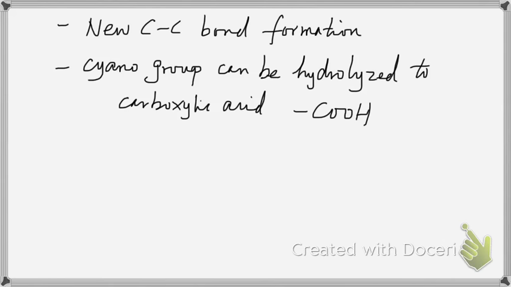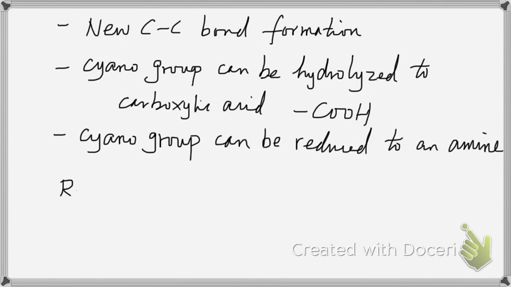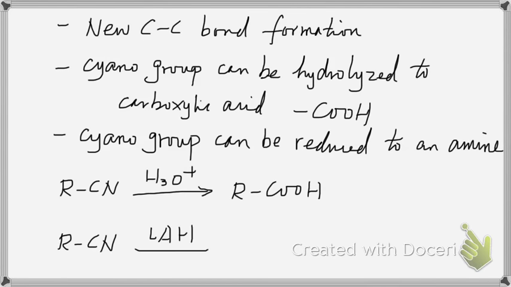For example, the cyano group can be hydrolyzed to carboxylic acid, and the cyano group can be reduced to an amine. So here is what I just mentioned. Acidic hydrolysis, the CN becomes COOH. Reduction by LAH, CN becomes CH2NH2, an amine.